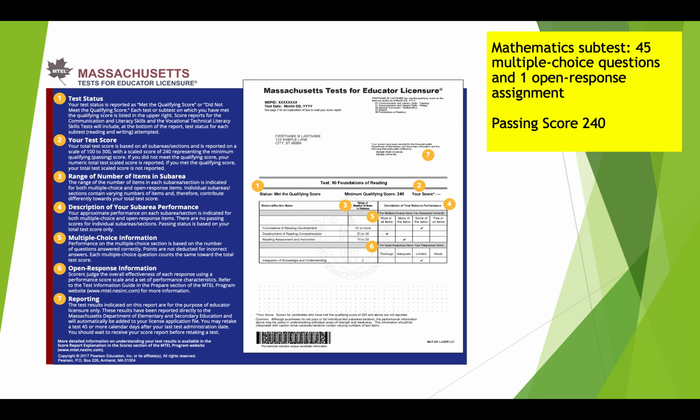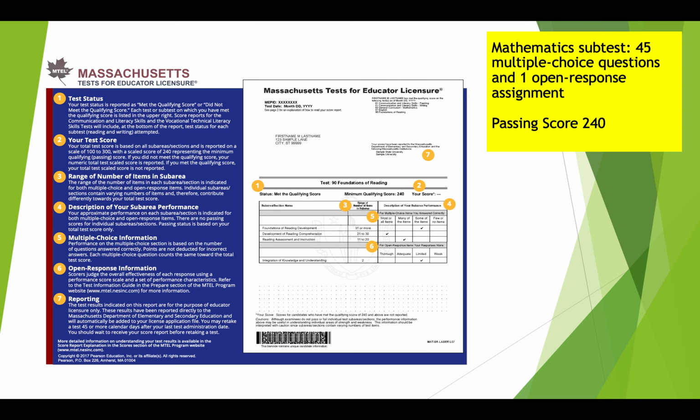To pass the MTEL, you need a 240. So this is what your score sheet will look like. If you've taken an MTEL in the past, it's the same thing. This example shows the foundations of reading, but it's the same setup for the mathematics subtest.